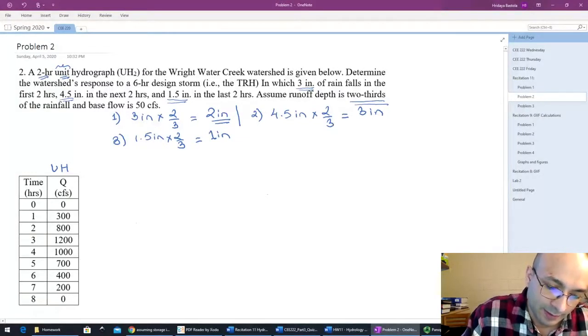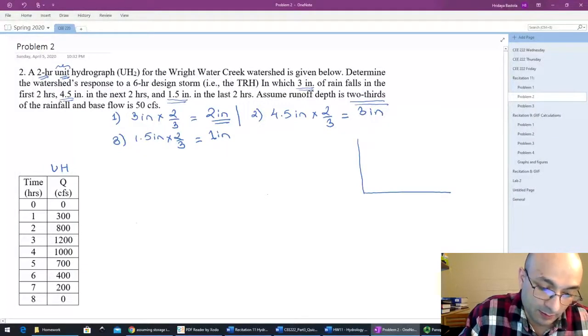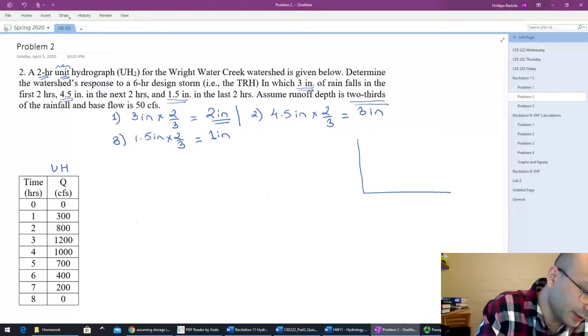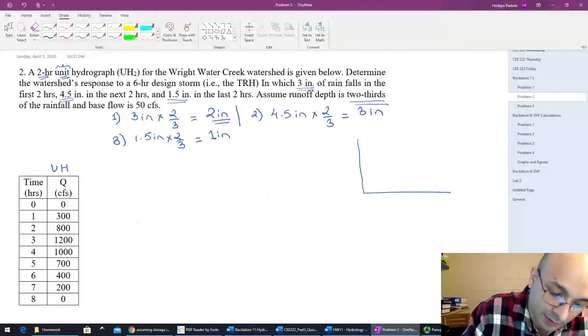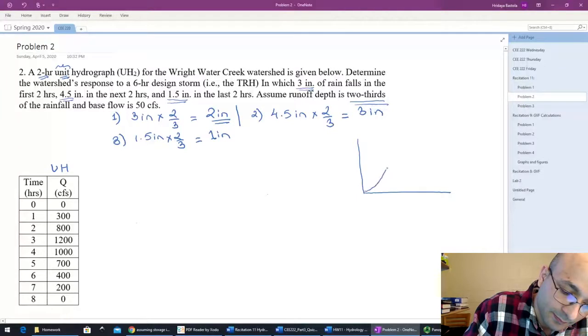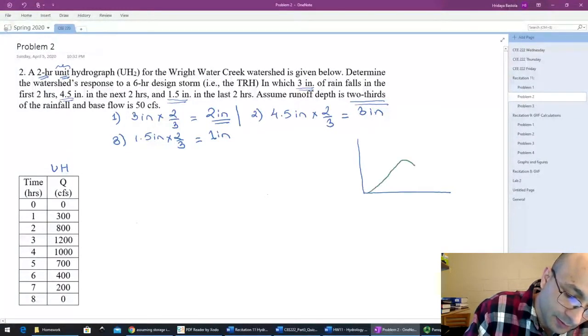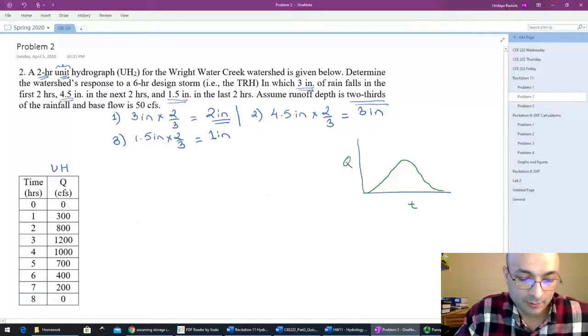Now again, just to get an idea or think of it graphically, if this one here is your unit hydrograph, we plot that in green. Let's say if you were to plot that hydrograph, it looks something like this. You have time on the x-axis and discharge on the y-axis.